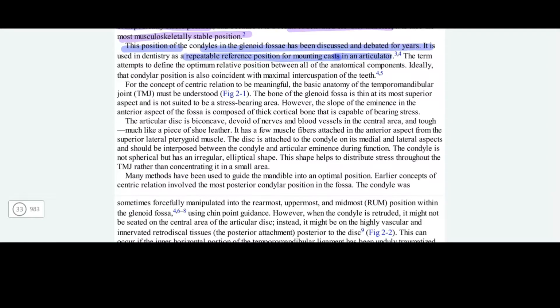The term attempts to define the optimum relative position between all the anatomical components. I believe that condyle position is almost coincident with the maximum intercuspation of the teeth. So centric relation is related to the maximal intercuspation of the teeth.